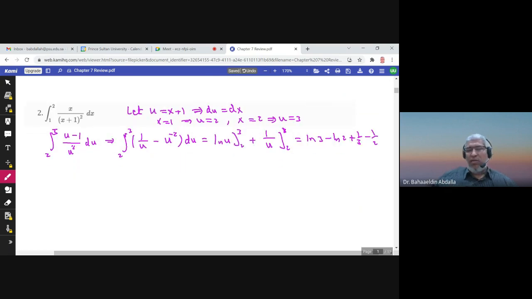And you can write it as you like. For example, I can write it as ln of 3 over 2, or 1.5, plus, or it would be minus 1 over 6, if you add 1 over 3 minus half.